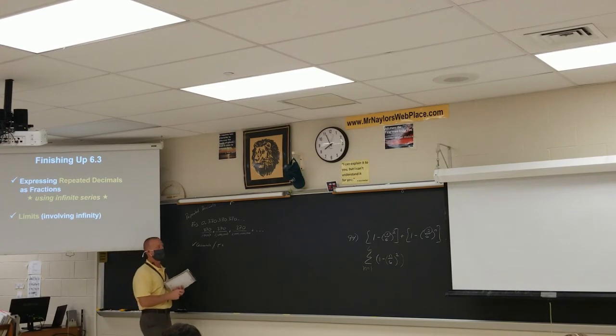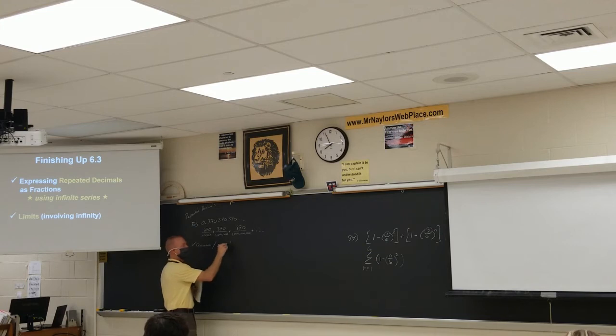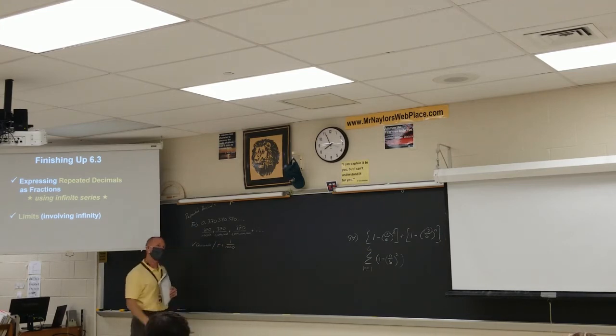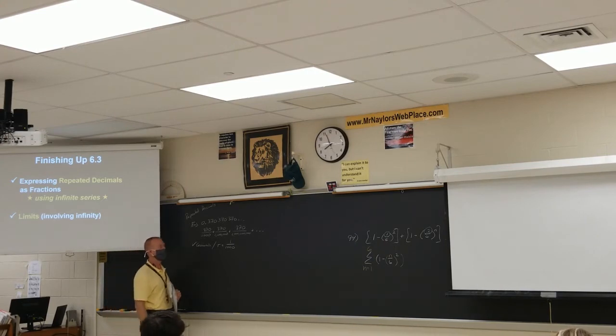What do we mean by an R value? Remember, that's just something that you're multiplying by to get to the next, and the next, and the next. Well, every one of these fractions is being multiplied by 1 over 1,000. To say it another way, every one of these fractions is just 3 more decimal places. And if I multiply by 1 over 1,000, it's going to have that same effect.